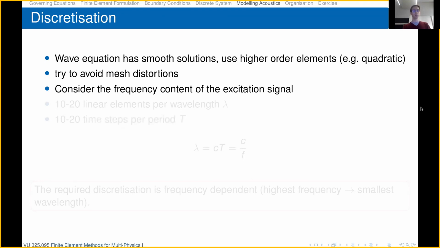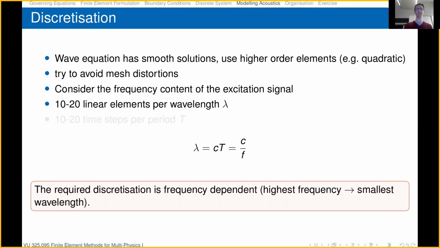You should always consider the frequency content of the excitation signal, since it determines first the wavelength and also the period, the oscillation period of the changes in the solution.